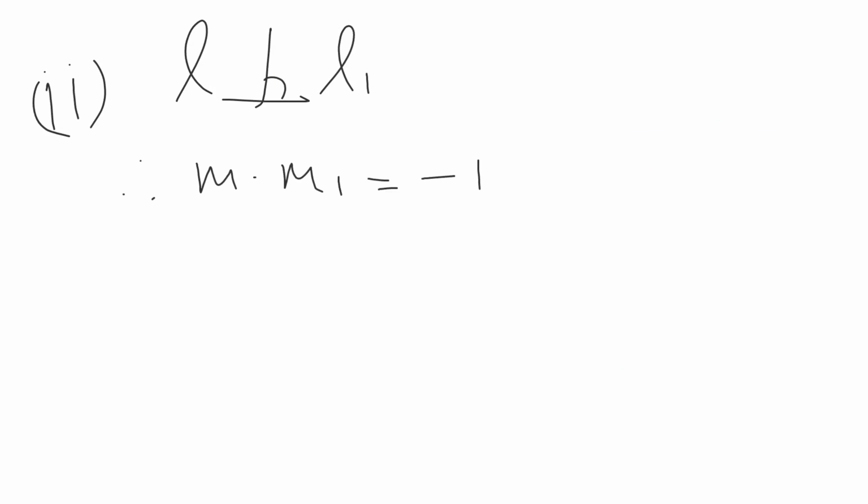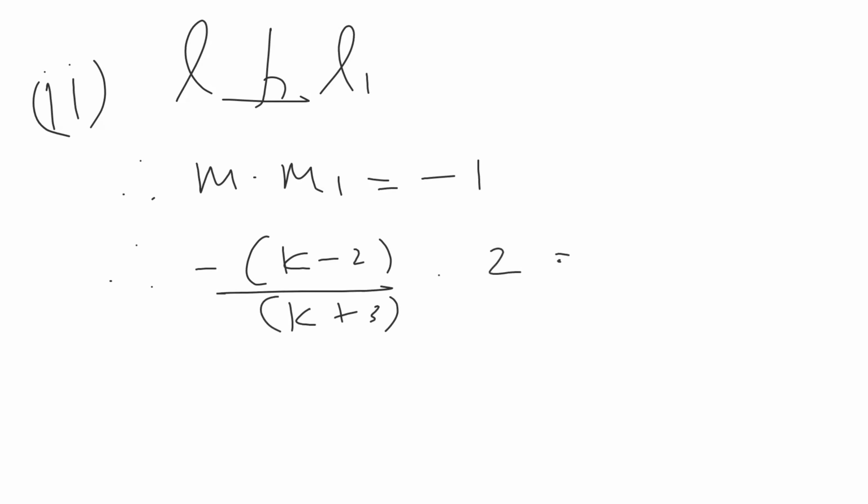Second subpart, let's say L is perpendicular to L1. Therefore, m into m1 is equal to minus 1. m is minus of k minus 2 upon k plus 3, into m1, m1 is 2, which is minus 1.